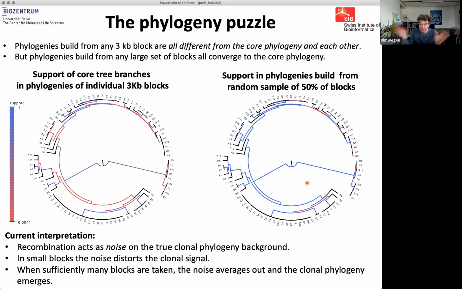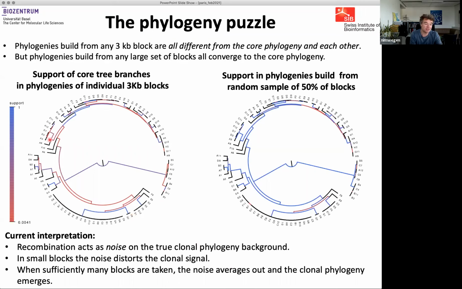In addition, all these 3 KB blocks all reject each other's phylogeny. And in this picture on the left here, I'm showing you the core tree, that is the phylogeny reconstructed from the entire core genome, which is about 3 megabases long.